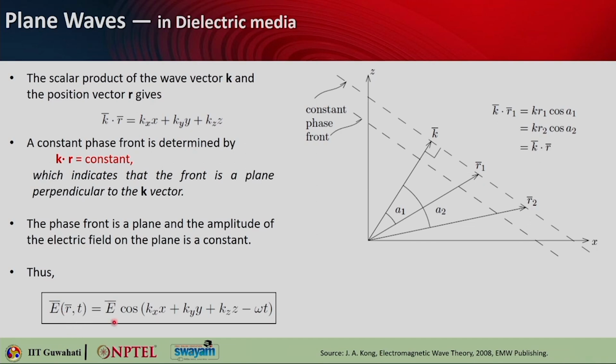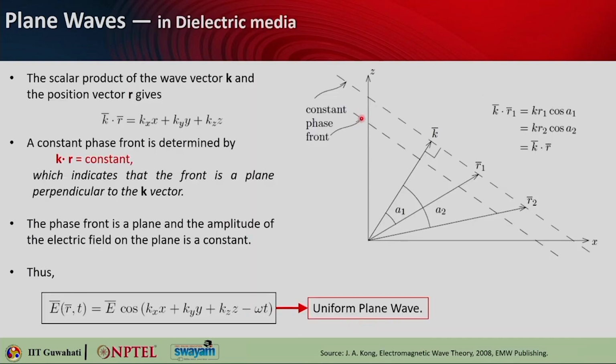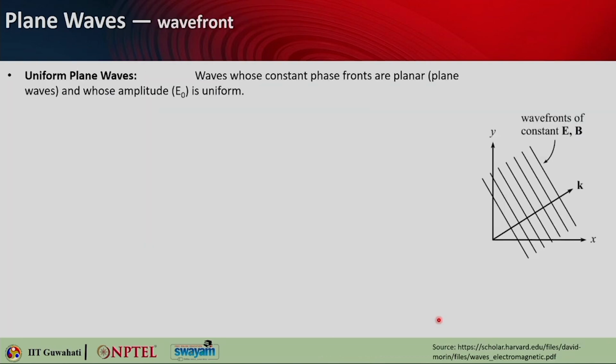So E(r,t) can be written as E0 cos of (kx x + ky y + kz z - omega t). So when all the amplitudes are equal, we can consider it as a uniform plane wave. First of all, when the phase front is a plane, that's a plane wave, and when the uniform amplitude is there along all the points on this phase front, we call it a uniform plane wave.